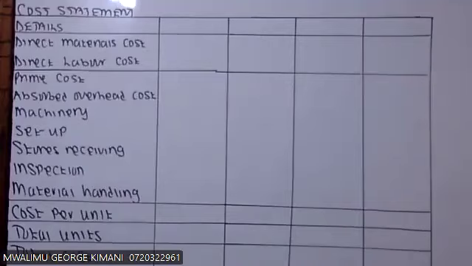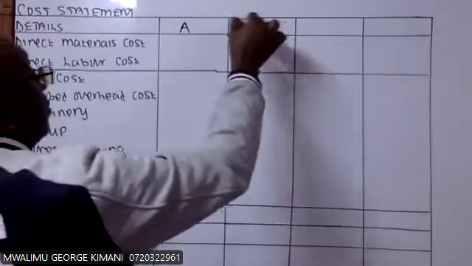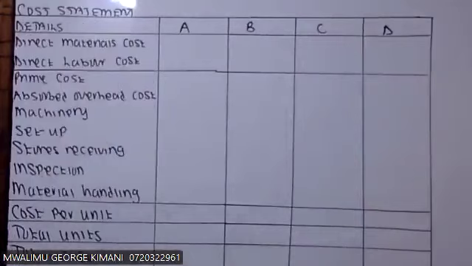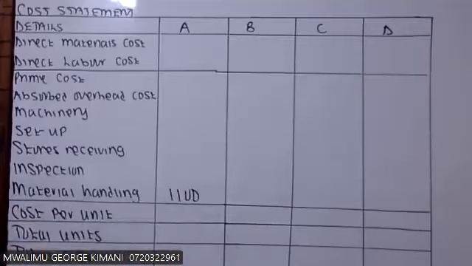Tell me what you have gotten for material handling for product A. Product A, what did you get for material handling? 1100. B. Or is it the same?